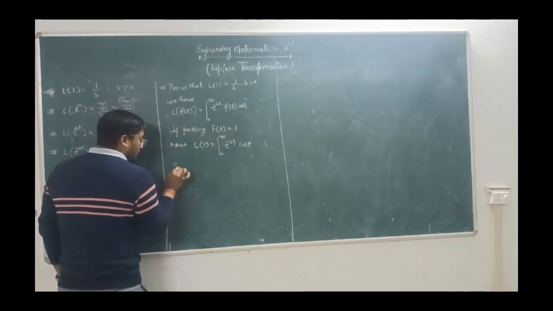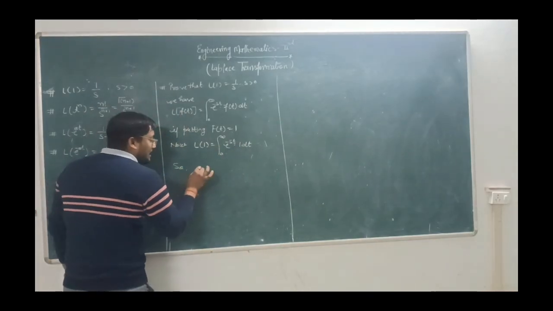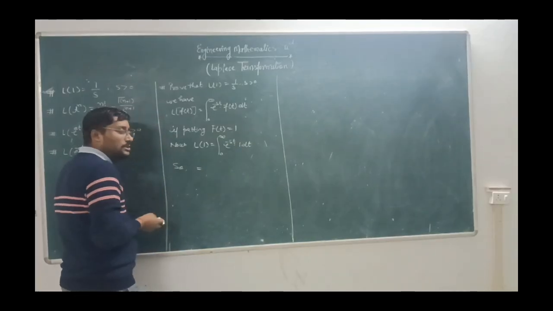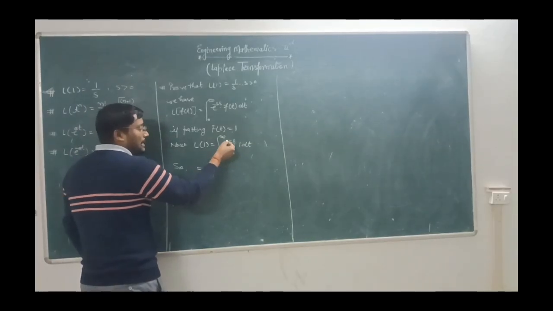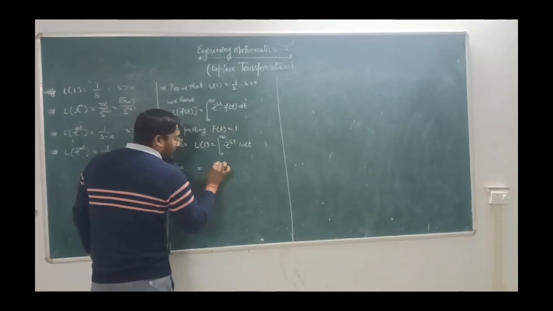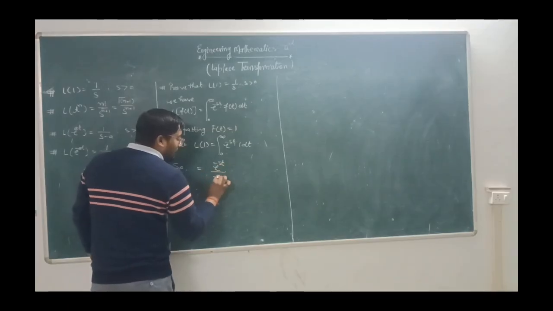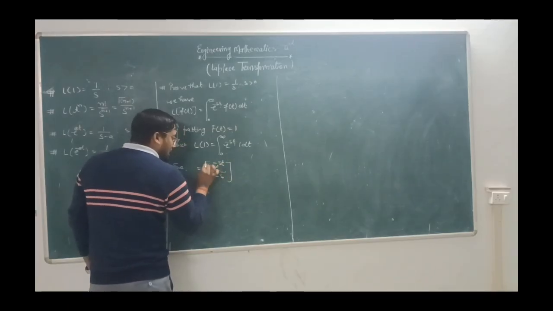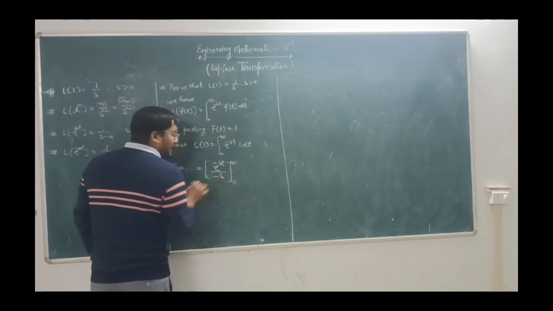So the integral from 0 to infinity of e^(-st) is equal to e^(-st) upon minus s, with limits 0 to infinity.